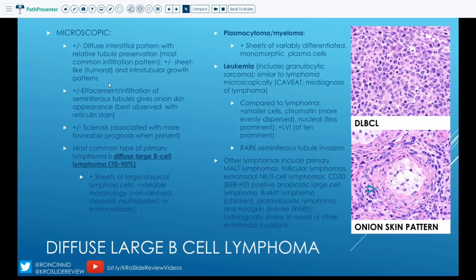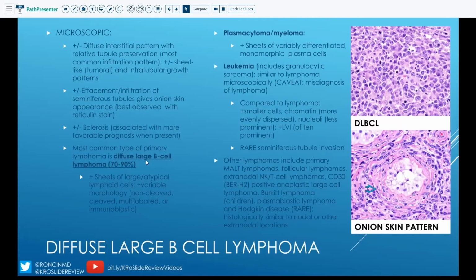Your effacement and infiltration of your seminiferous tubules can give your onion skin appearance. And the onion skin appearance is actually best observed with the reticulin stain because it would stain around the layers, so it really gives you a nice appreciation of that. And you may see sclerosis, and when you do see that, that actually portends a favorable prognosis.